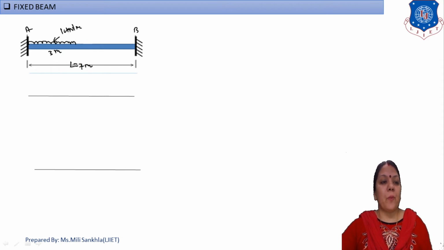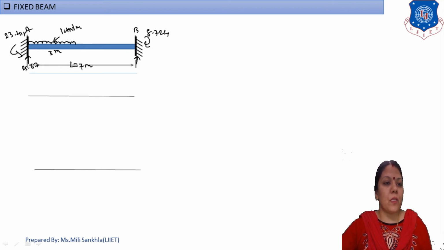Okay, and support reactions we find out, VA and VB, and this moment I find that is 8.724, and this moment is equal to 23.418, and support reaction is equal to 25.61, and here I find 4.33.